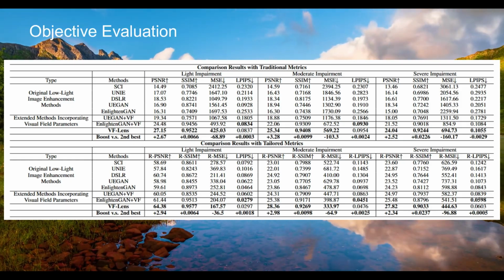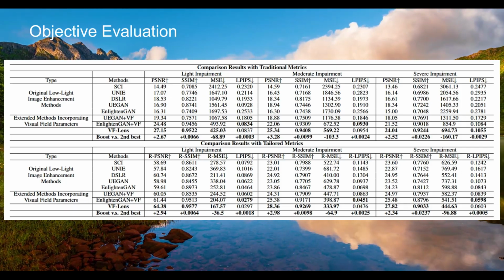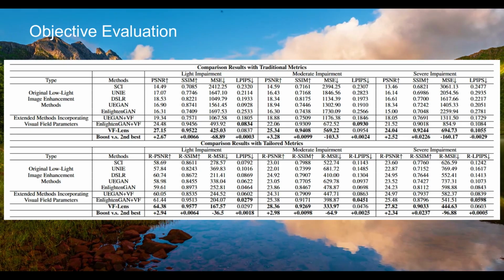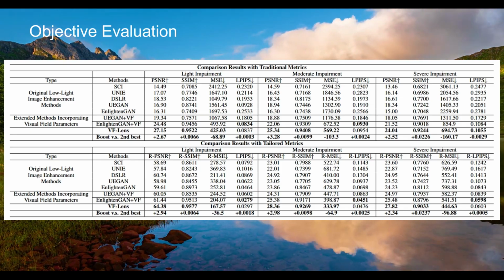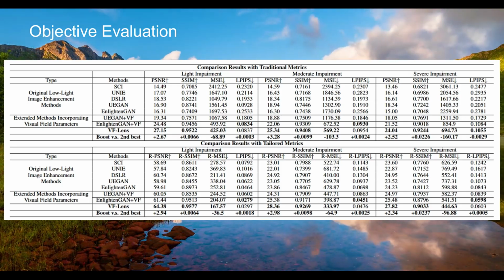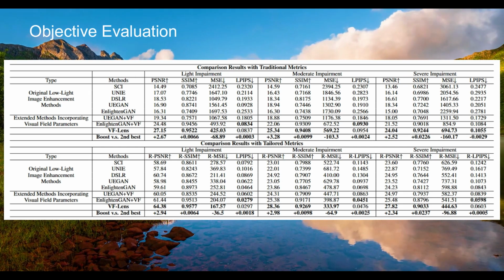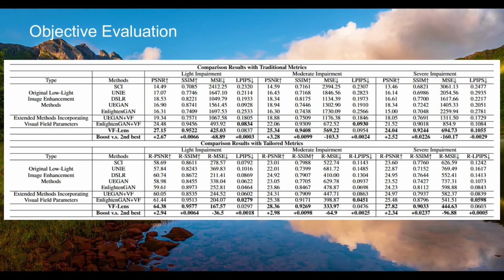In the objective evaluation, we conducted a comparative experiment for image enhancement utilizing both traditional metrics and tailored metrics. We extended the benchmark image enhancement methods to incorporate visual field parameters, similar to VF lens, to enable fair comparisons with VF lens.